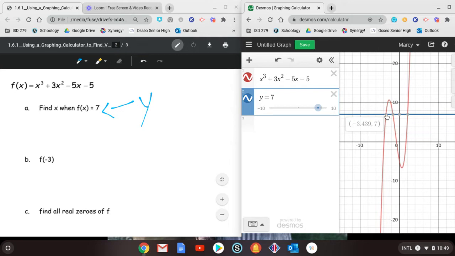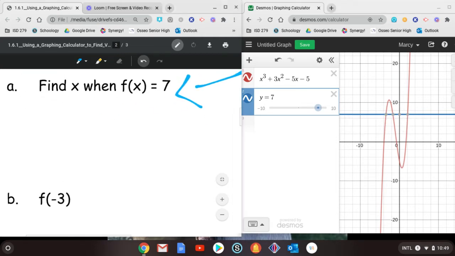So now, guess what? All you have to do is hover over each of those values, and there's 3 values. Your first value is negative 3.439.